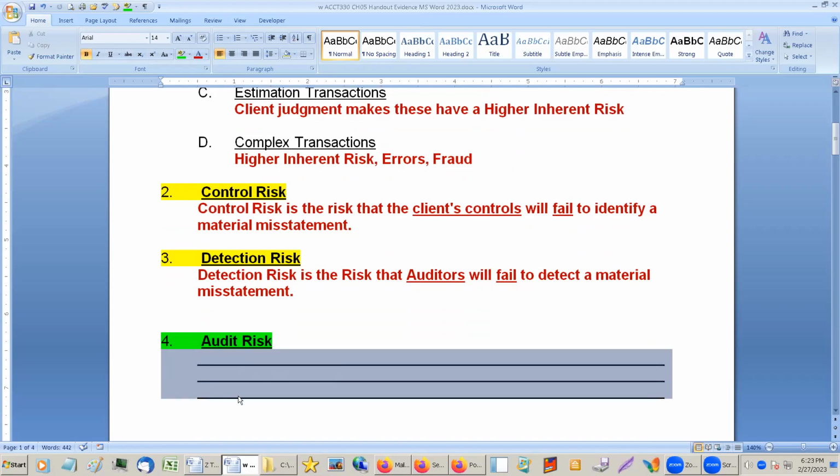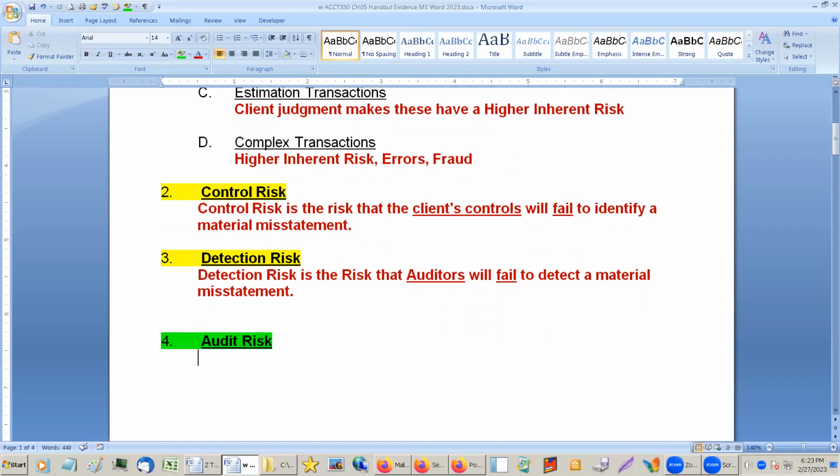Audit risk. So if everything fails, there's a risk that an undetected material misstatement will appear on the financial statements.